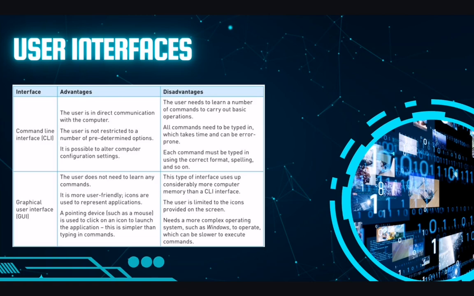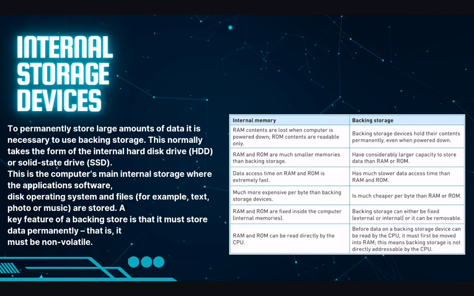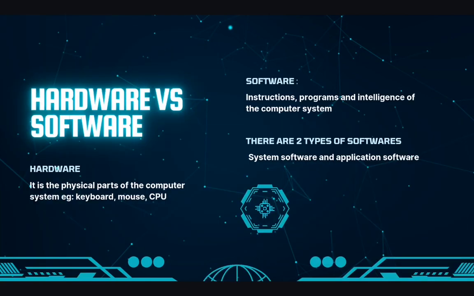So let's summarize what we have gone through in the whole video. We have gone through the hardware and software. There are two types of software: application and system software, which we will be looking at in another part of this video, second part, which I will be doing. And then hardware, which is the physical components of the computer system.